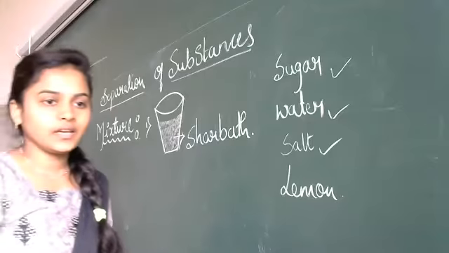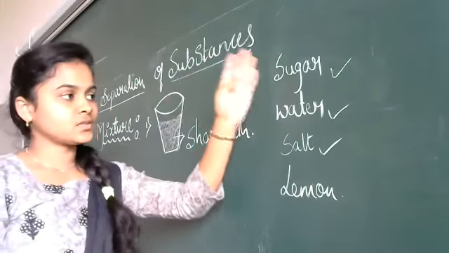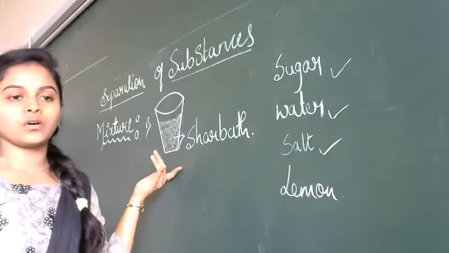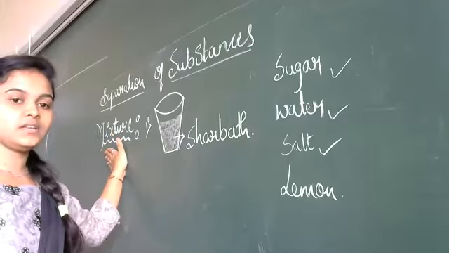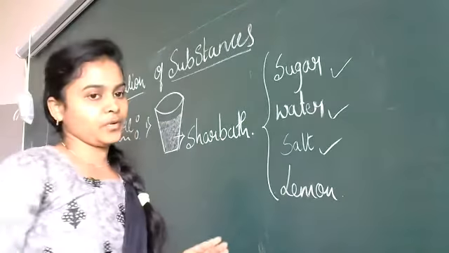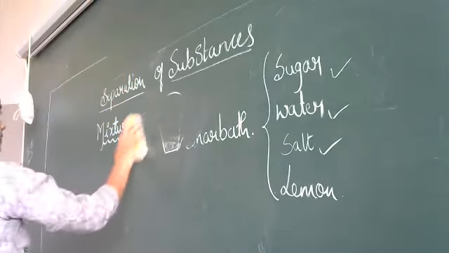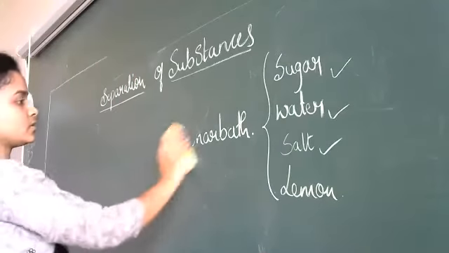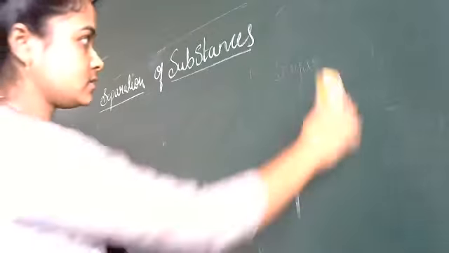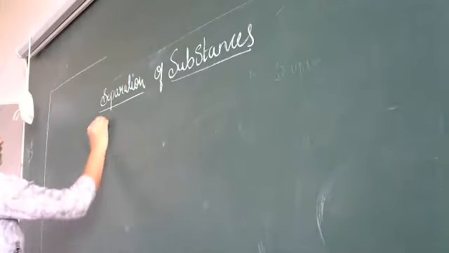So sharbat is the mixture of sugar, water, salt and lemon. So here sharbat is also called a mixture and this mixture has all these components. I hope you all understood what is meant by mixture. Yes, ma'am. Very good.